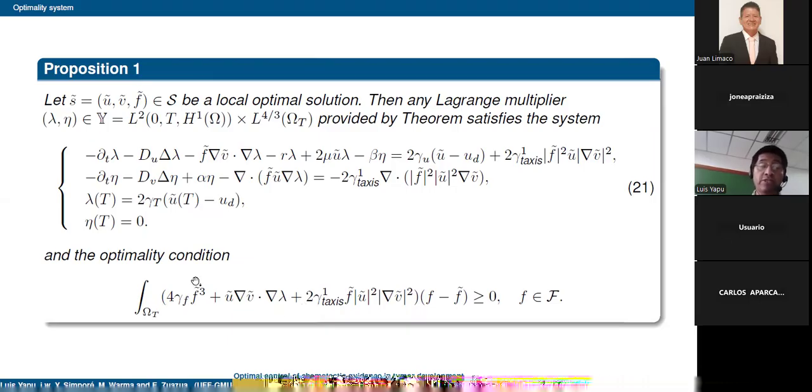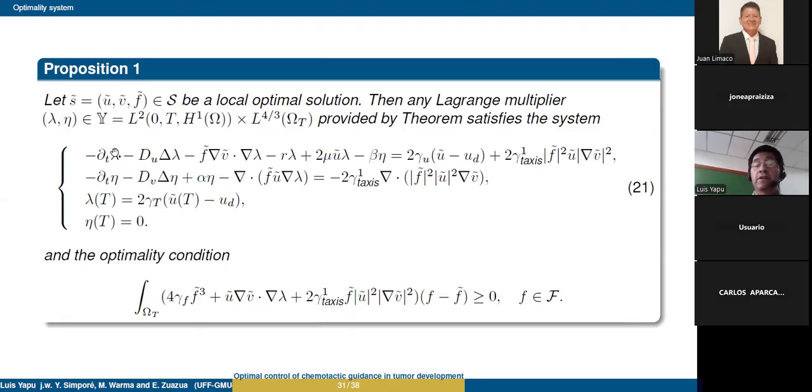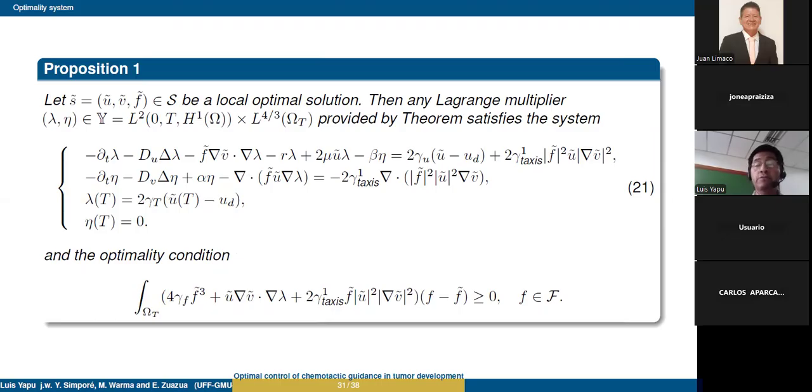And the optimality condition is a bit complicated because the functional has the L4 norm of the control, so we have here the derivative of that. So now we have an equation for the Lagrange multipliers, the dual variables, and also the optimality condition. And this allows us now to apply numerical methods to solve a really concrete problem.